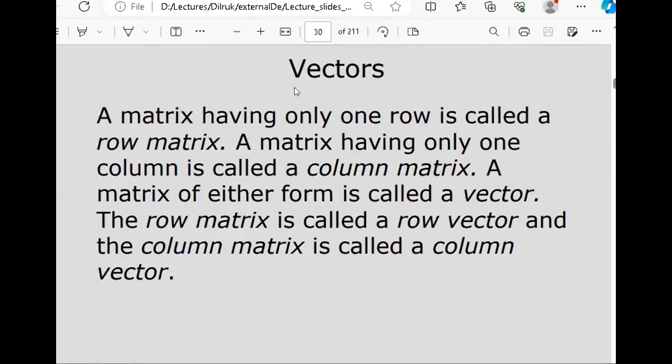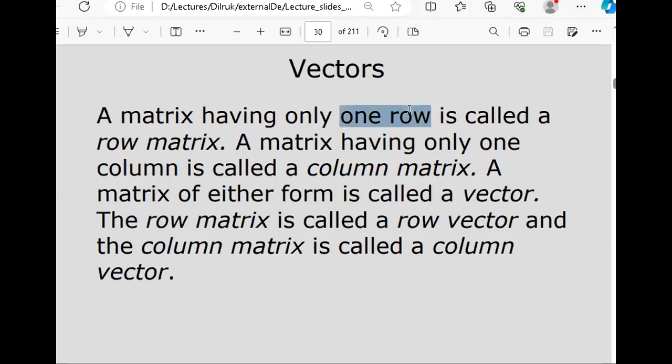A vector could be one row or one column. You have only a single row or a single column, right?